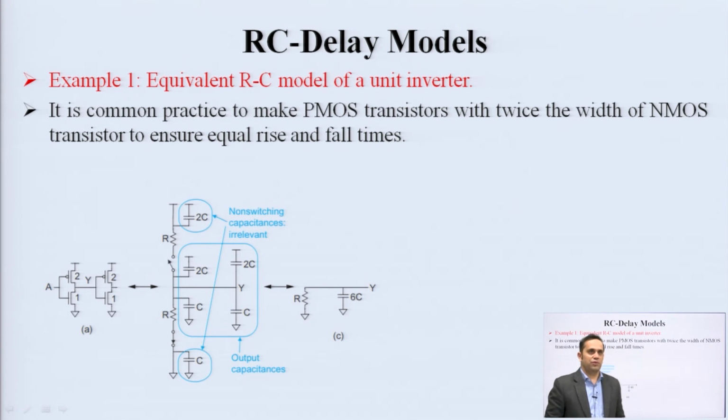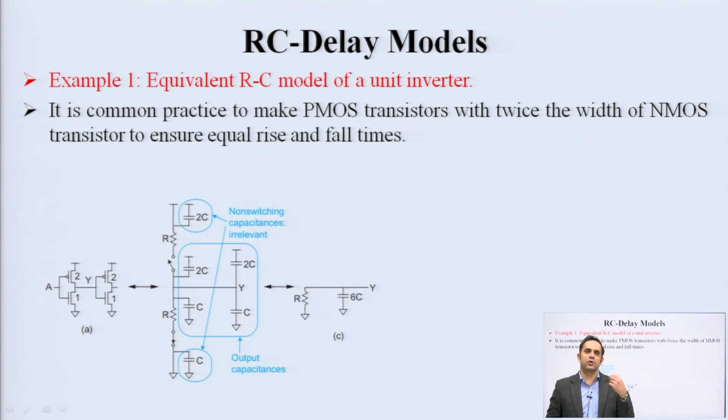If you increase the width of a PMOS transistor, the resistance is going to be reduced by half. So, in this unit inverter, the pull up network, the PMOS transistor, is going to have twice the width, which means half the resistance.